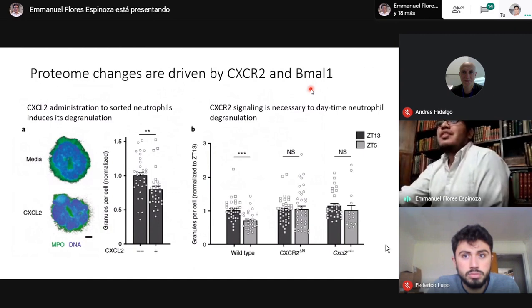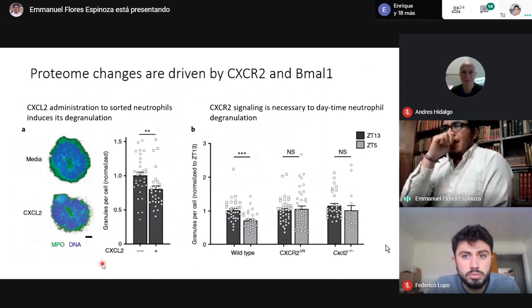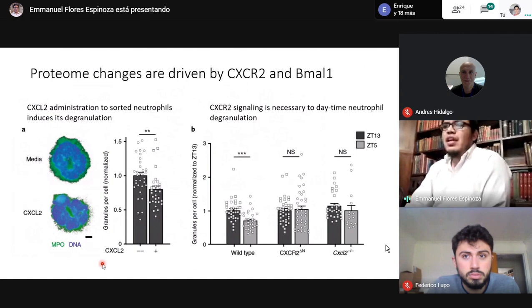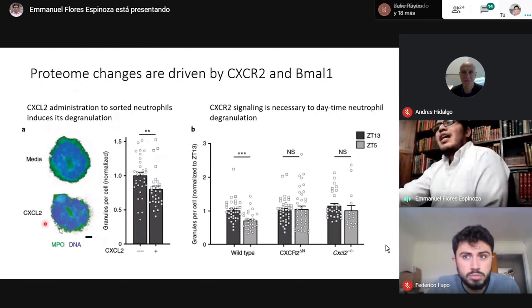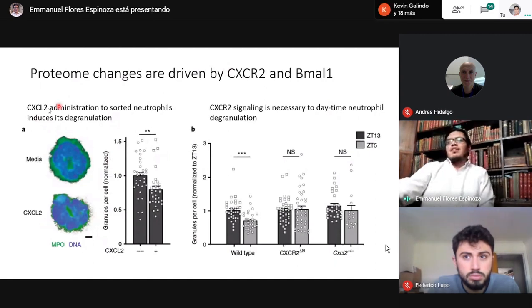For that purpose, they evaluated the differences in granule quantity in these two types of neutrophils by administering CXCL2 to certain neutrophils, and they saw that when they put CXCL2, which is the ligand of the CXCR2 receptor, there is a degranulation in these neutrophils.